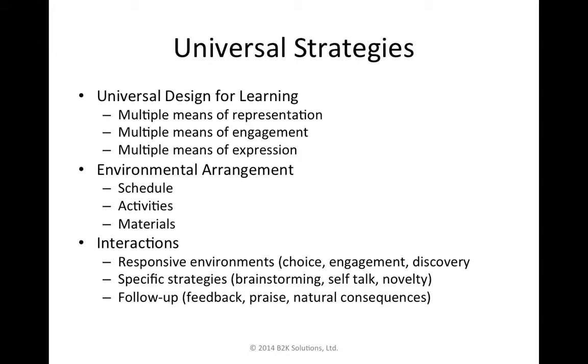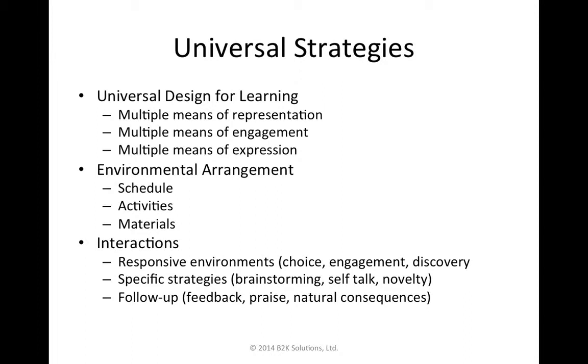So the universal strategies, these tier 1 strategies that are pretty low adult mediated, pretty part of the, or should be part of the flow, the constant chatter, the automatic nature of the classroom, are things like universal design for learning, environmental arrangement, and then just thinking specifically about how we interact with children. Are we allowing children choice?